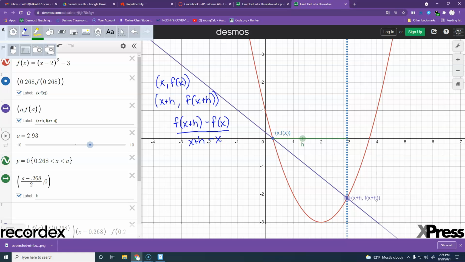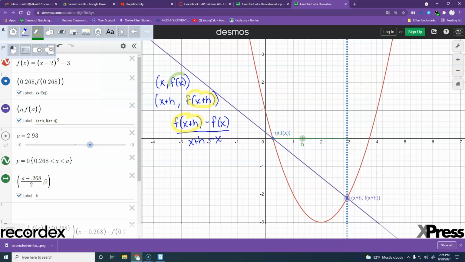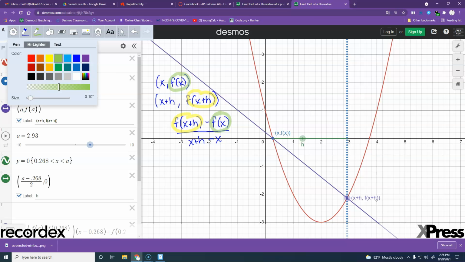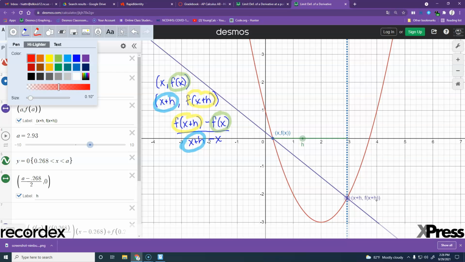So what I'm doing there is, this is my y1, this is my y2. So y1 minus y2 over x1 minus.